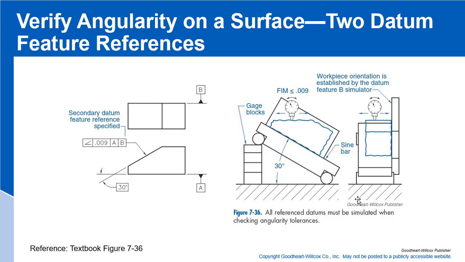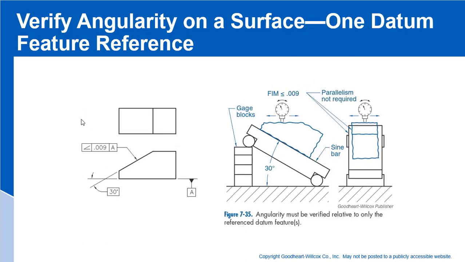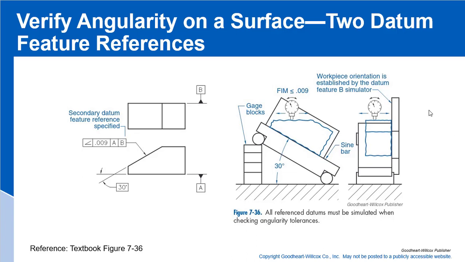In the other example where we only referenced one datum, we didn't have that simulator back there that picked up datum B. In this case, we need it because we're referencing these two datums. Then we just run the dial indicator over the surface, back and forth and front and back, to make sure that our full indicator movement is less than 9 thousandths.